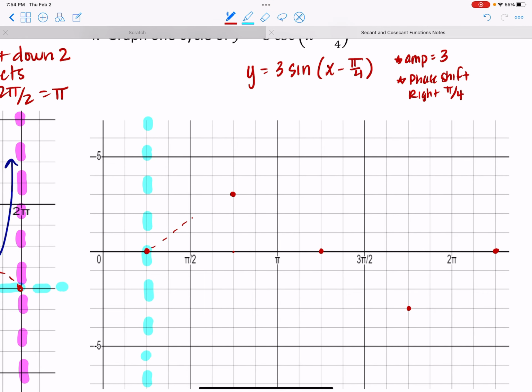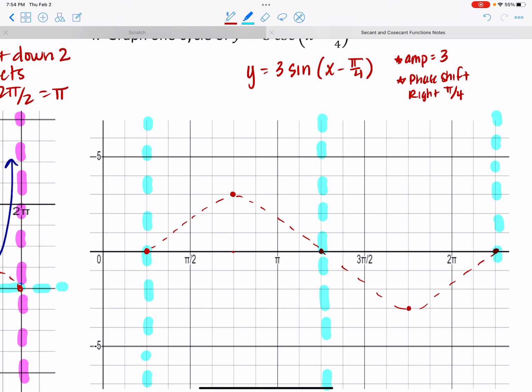So let me just draw this dotted line in. Okay, so I'm going to use that as my reference now. Every place that sine is 0 or hits the midline, which is still 0 in this one, is where my cosecant is going to be undefined. So I already got one in there. That's good. The first one, there's my second one where I'm hitting 0, and then here's my third one.